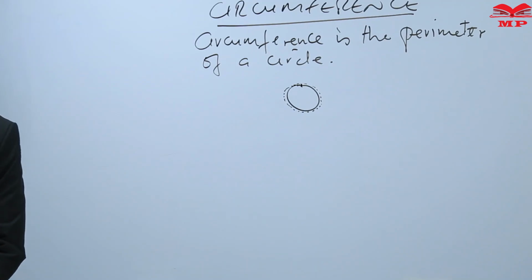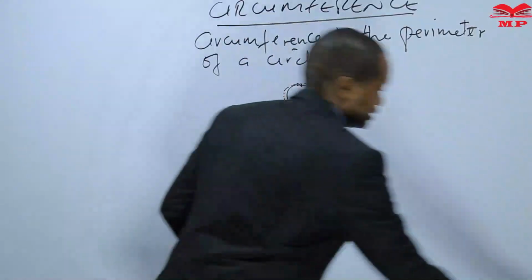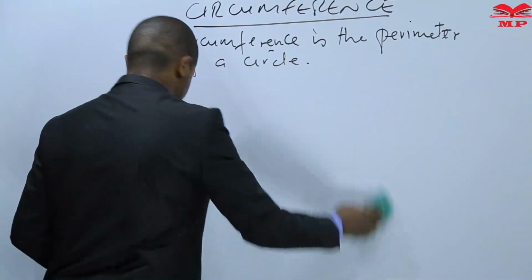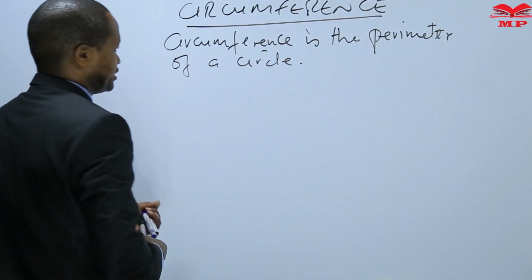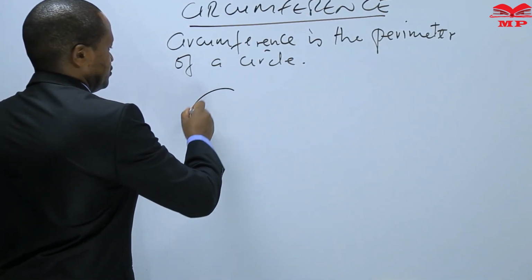Now going to the pupil's book, I want us to solve problems on the circumference. That is exercise 62. It reads, what is the circumference of the following?